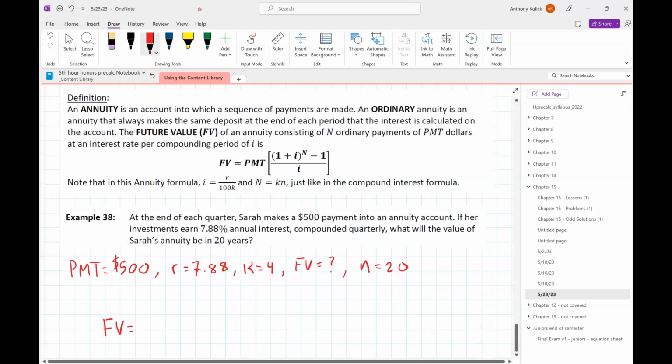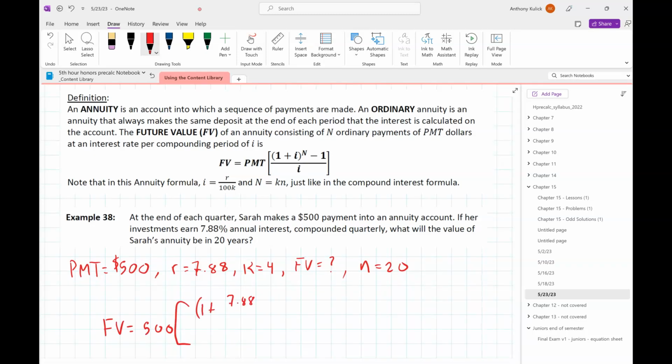Plug in time now. Remember that little I is interest rate divided by 100 times the number of compounds. And then capital N is the number of compounds times the number of years.